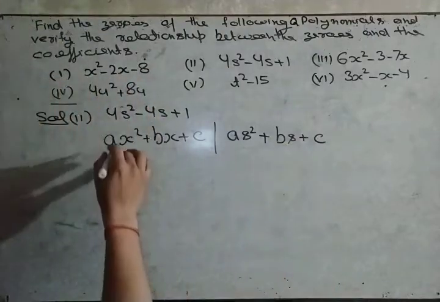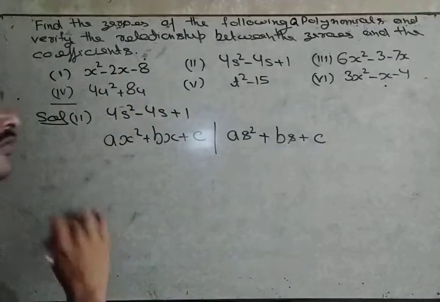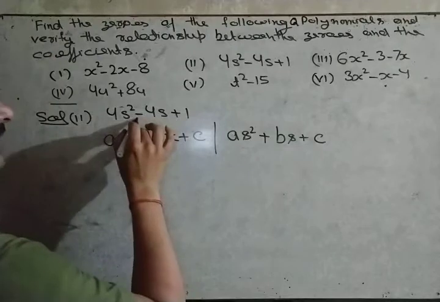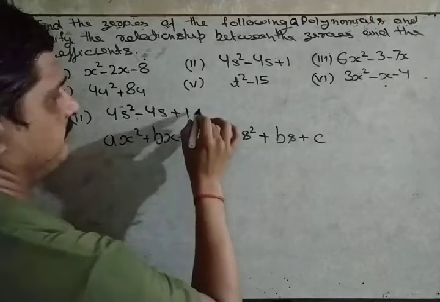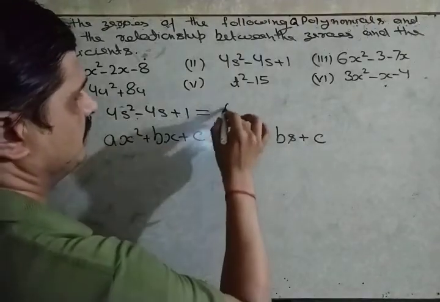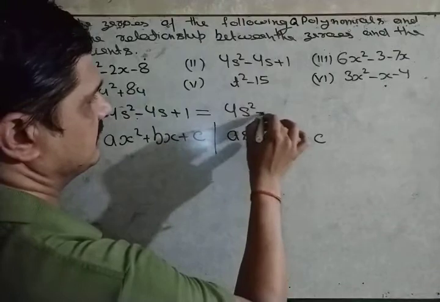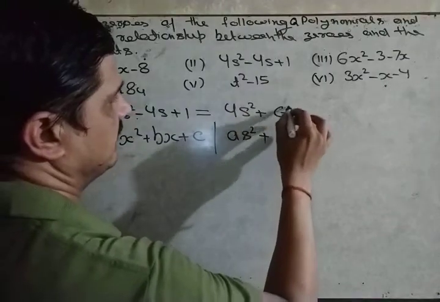I have replaced this. While comparing, here is minus, here is plus. So you have to make little arrangement in this equation. You will take out plus sign here and take minus inside.